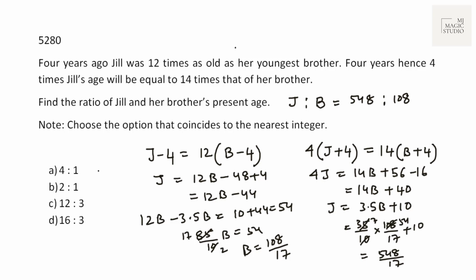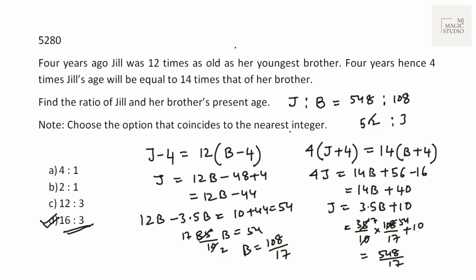Okay, choose the option that coincides to the nearest integer. It doesn't look like 4 is to 1. It is not 2 is to 1. 12 is to 3 is the same as 4 is to 1. It is 16 is to 3. Let's check. If I divide this by 36, it is 3, and 36 into 16 is 48.